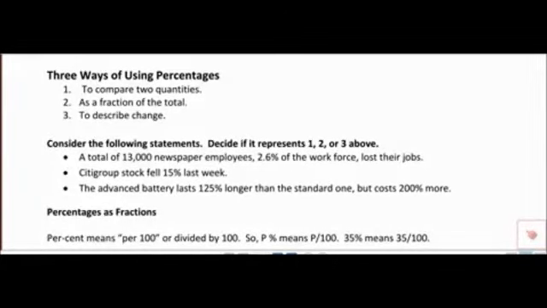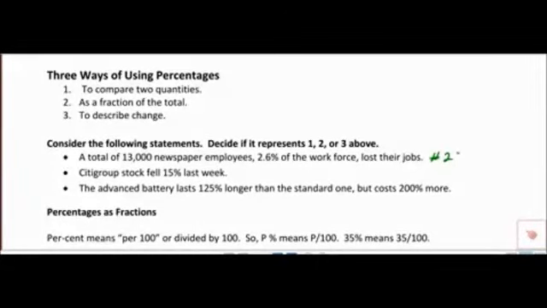So looking at the first statement, a total of 13,000 newspaper employees, 2.6% of the workforce, lost their job. That's a percentage of the total, or a fraction of the total. So that's one way we can use percentages. That's number 2 above, fraction of the total. What about Citigroup stock fell 15% last week?